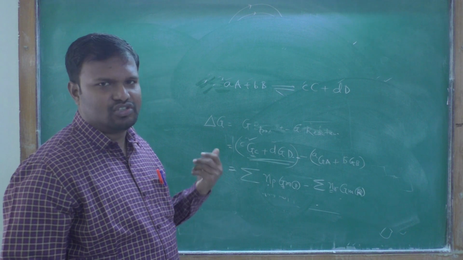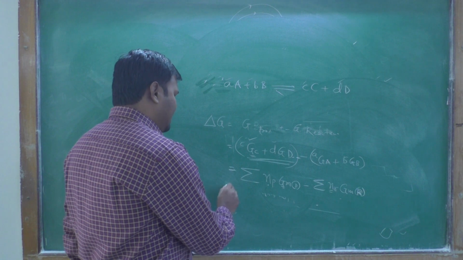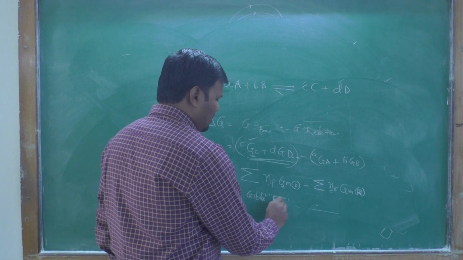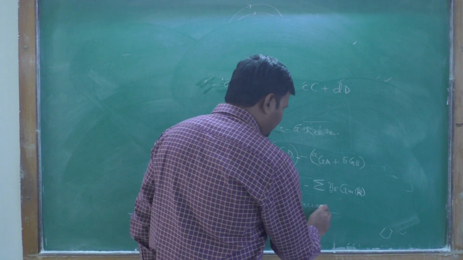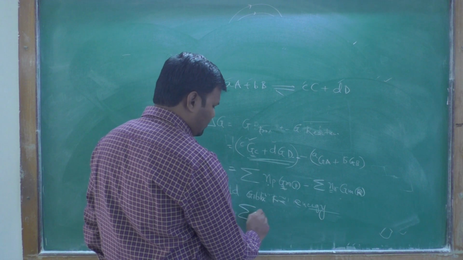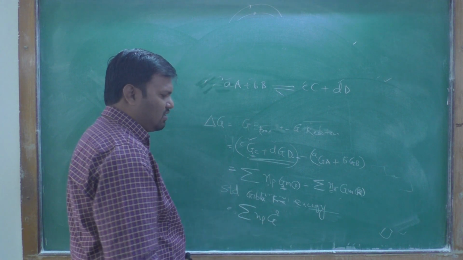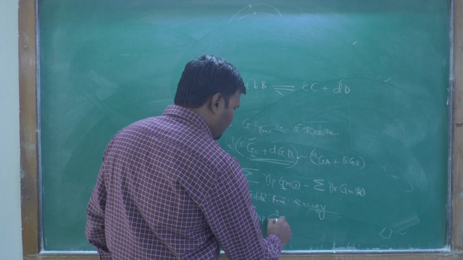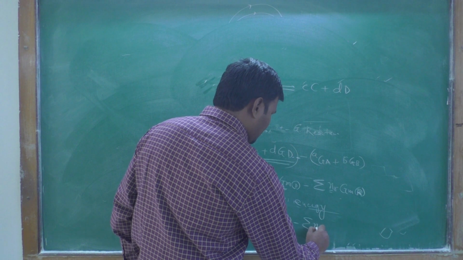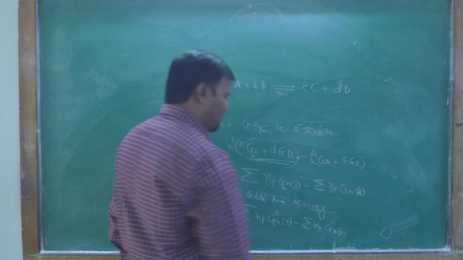Therefore, for the standard Gibbs free energy, you just replace G with G naught. G naught stands for the Gibbs free energy at the standard value: the summation of Np times G naught for the product, minus the summation of Nr times the Gibbs free energy of the reactant at the standard state.